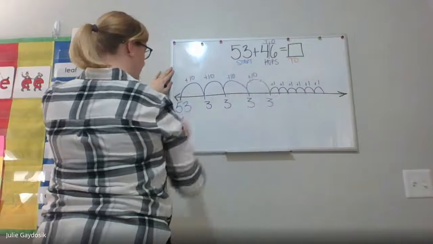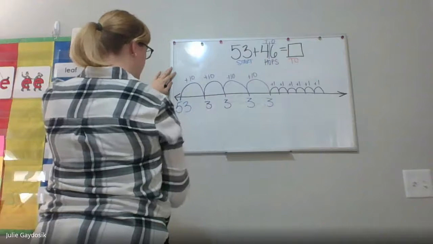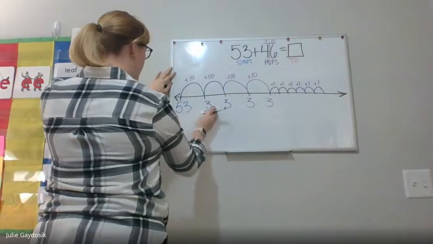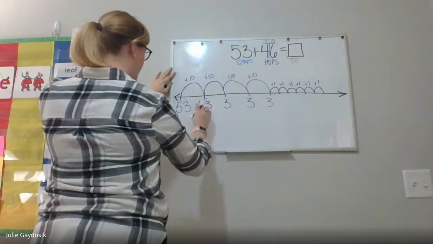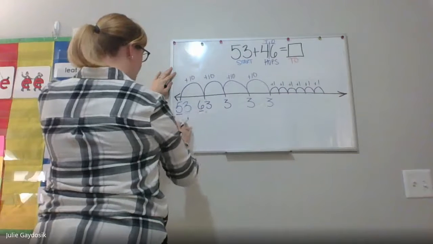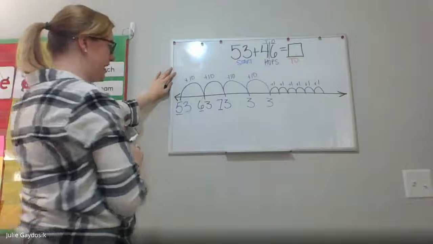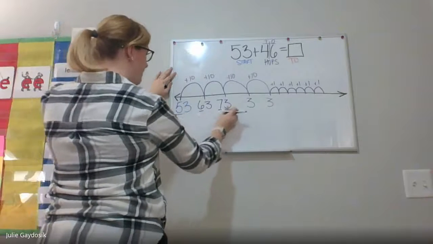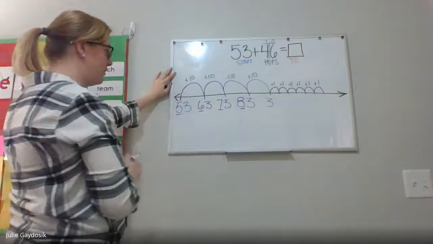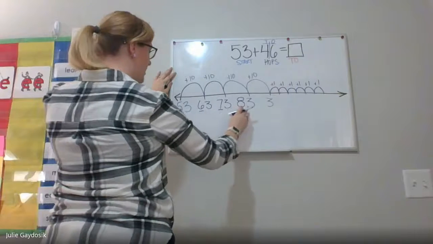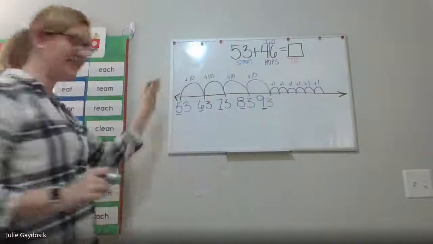It's the tens place that is changing. 53 plus 10 more is 63. 6 is 1 more than 5. 53, 63, 73. 7 is 1 more than 6. 53, 63, 73, 83. 8 is 1 more than 7. 53, 63, 73, 83, 93. 9 is 1 more than 8.